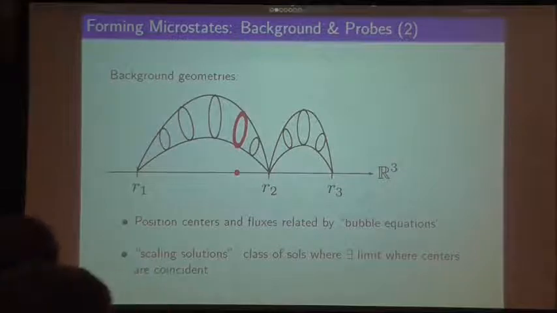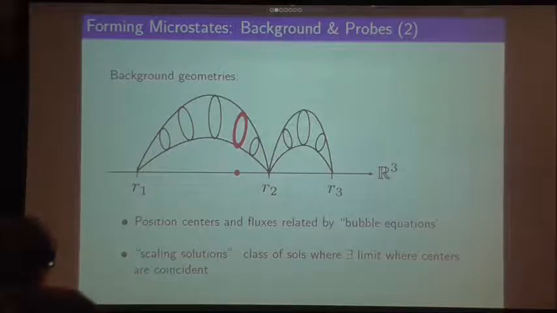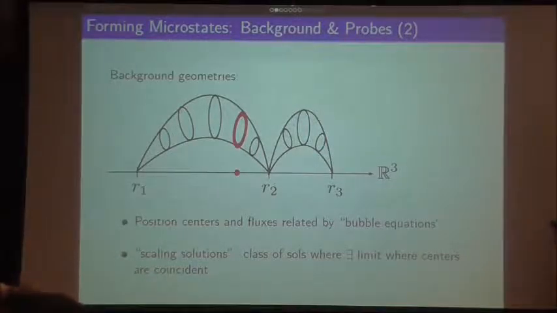So a few more things. As I said, there are any number of centers you can introduce in R3. These centers and the fluxes that you introduce on the bubbles are not completely unrelated. You can't just choose them arbitrarily. They are related by what are called the bubble equations. The only important thing I want to say about that is that certain configurations of centers and fluxes admit what's called a scaling solution, where you can take a limit in which all the centers coincide with each other.